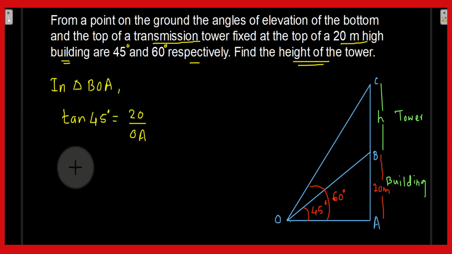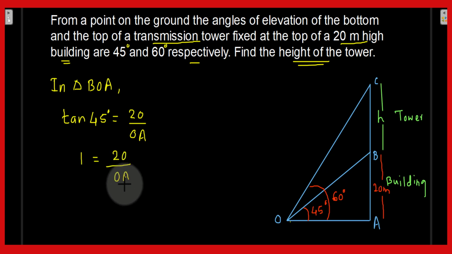So tan 45 degrees, that is 1, is equal to 20 upon OA, and therefore friends, cross multiply, you will get OA equal to 20 meters, and so this distance OA is also 20 meters.